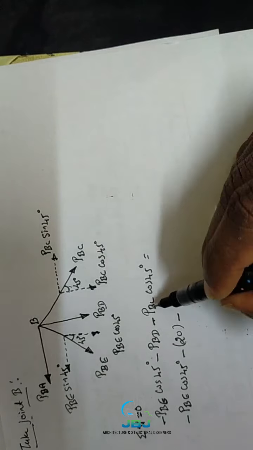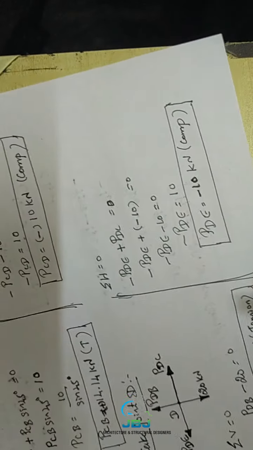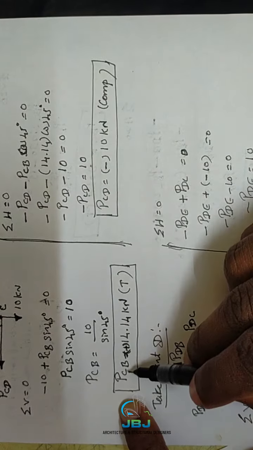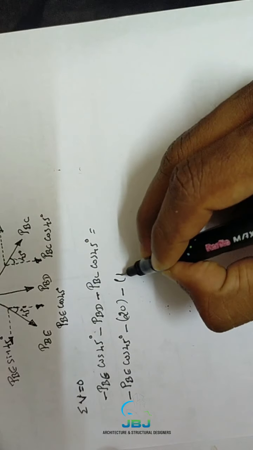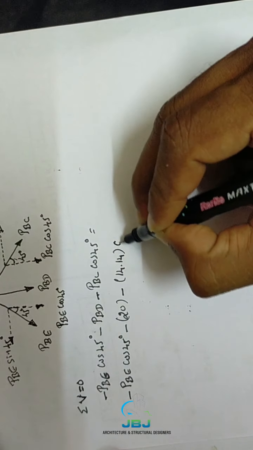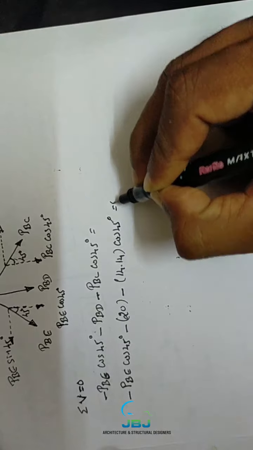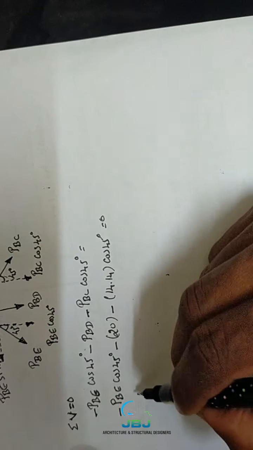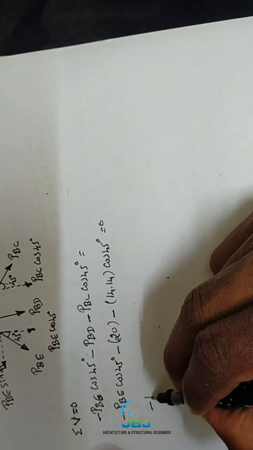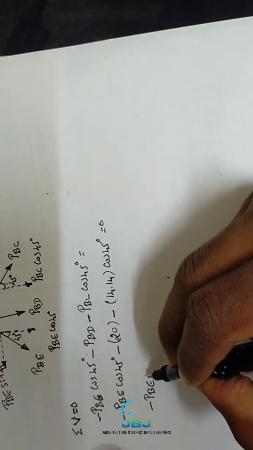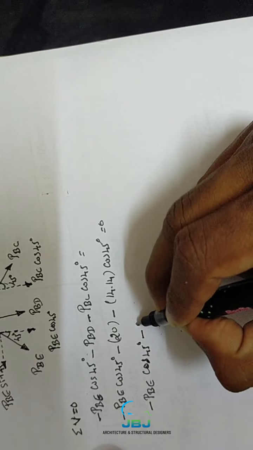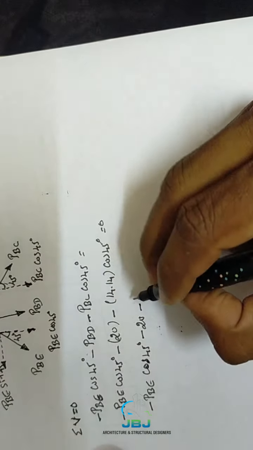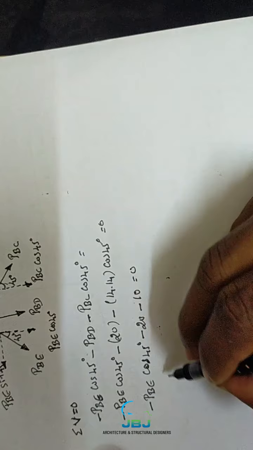Then minus PBC. What's the value of PBC? Here PCB or PBC both are the same, right? So you can also write 14.14 cos 45 degrees equal to 0. When you calculate these terms, you will get: minus PBE cos 45 degrees minus 20 minus 10 equal to 0.